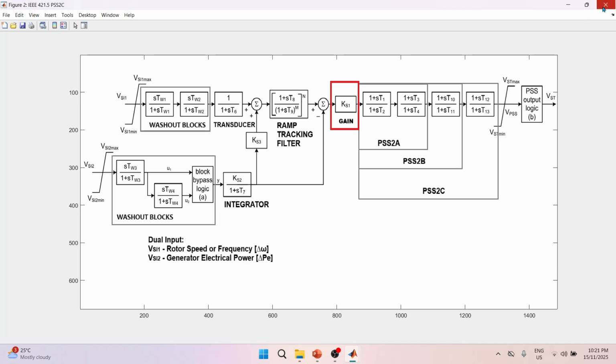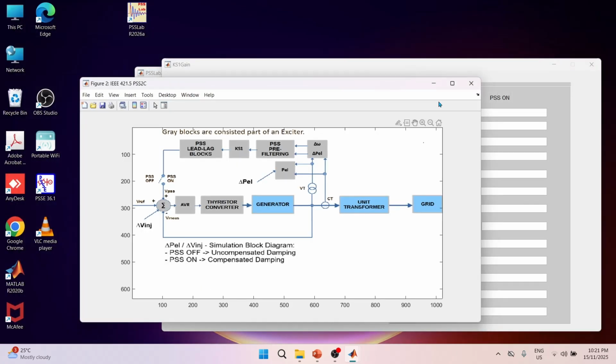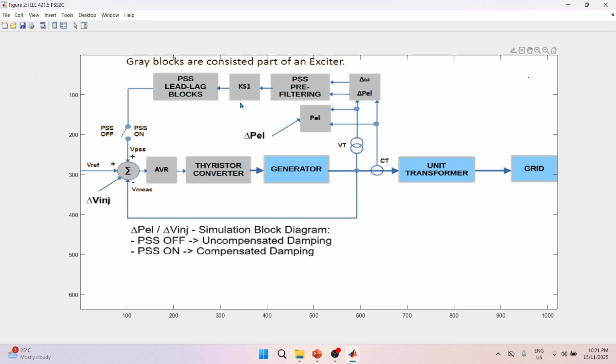And in simulation diagram, we have added KS1 block and P electrical calculation block, which are in gray. Therefore, these two blocks are consistent part of the exciter.